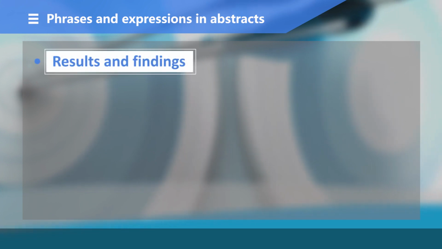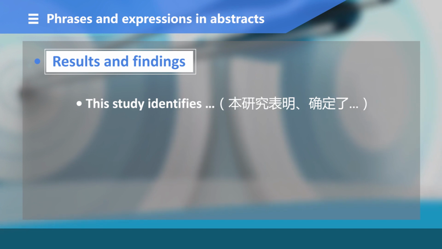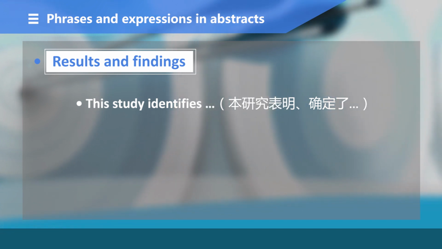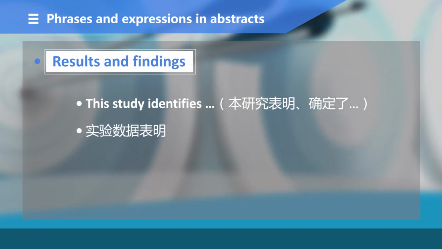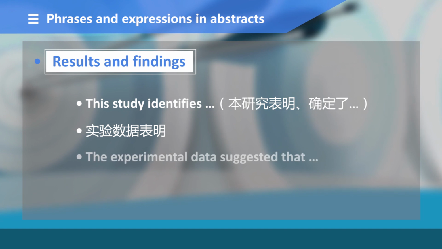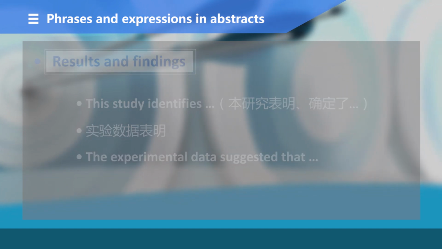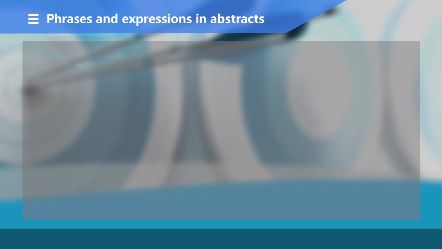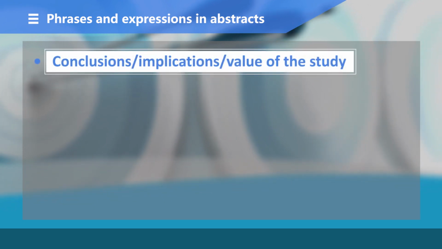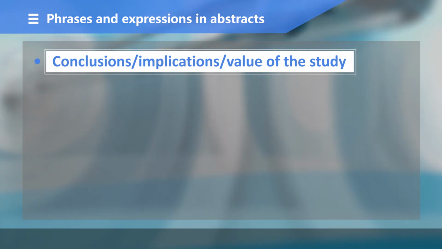For results, we may write This study identifies. 本研究表明确定了什么，或者我们也常说实验数据表明什么。The experimental data suggested that. In the last part of an abstract, we may point out conclusions or value of our study.